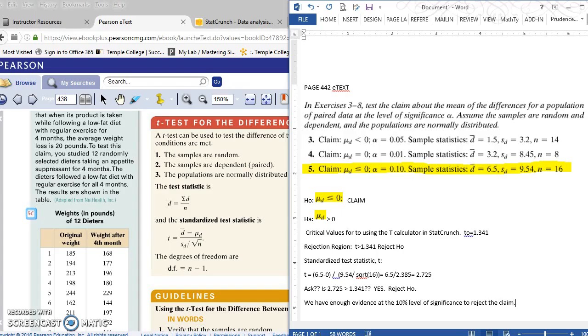So we can reject this claim based on the fact that our standardized test statistic 2.725 is in the rejection region. And remember, the rejection region was anything to the right, greater than 1.341. So we did reject. We have enough evidence at the 10% level of significance to reject the claim.